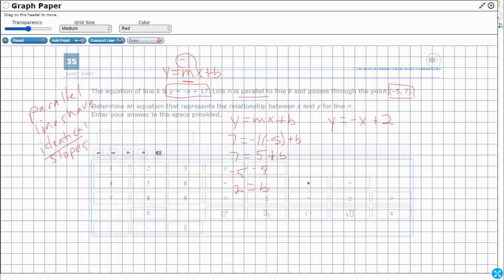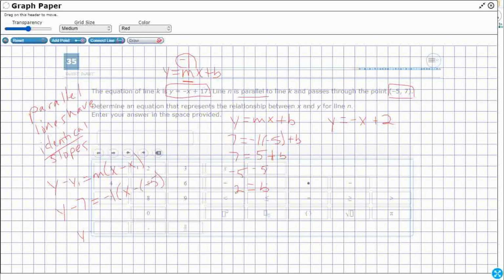The other option is if you want to do point slope form, which is also on your reference materials. That's y minus y1 equals m times x minus x1. Right, now we're not solving for b, we're just going to write the entire equation. So we just plug in, what is my y sub 1? That is 7. Still have a -1 as my m, x minus, and then my x sub 1 is -5.